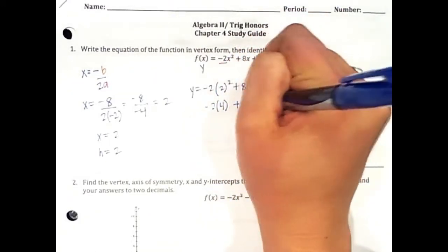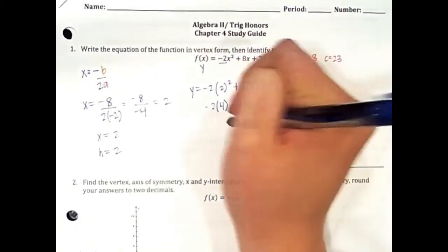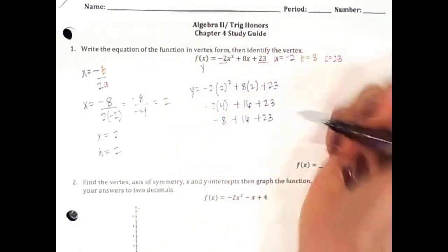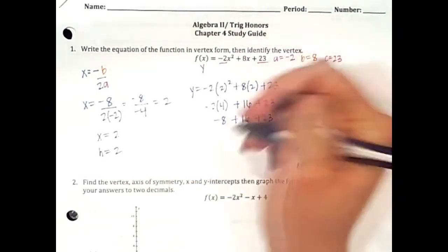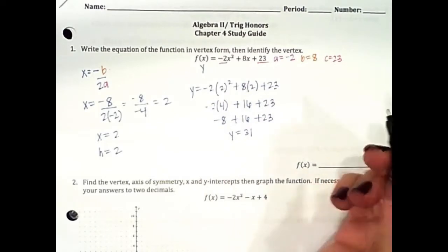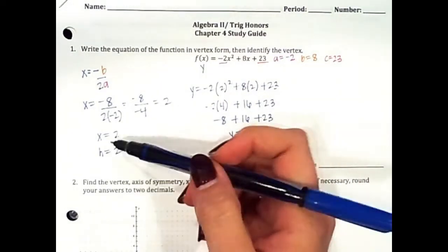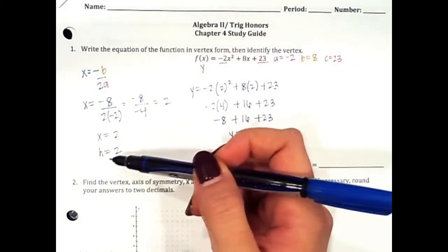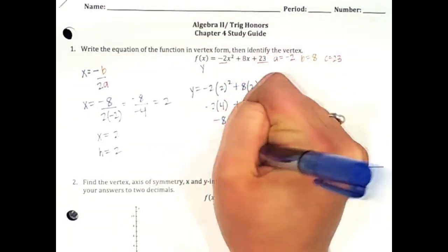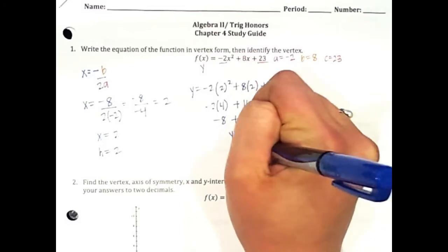And then we have 16 plus 23, so -8 plus 16 plus 23, which gets me a y value of 31. Now, just like over here, our x value is the same as h for our vertex. Our y value is the same as k for our vertex.